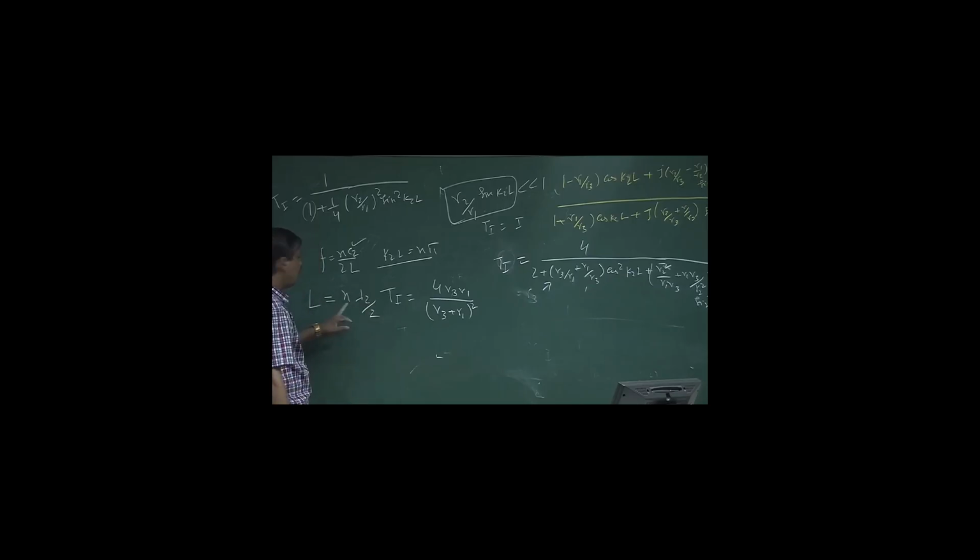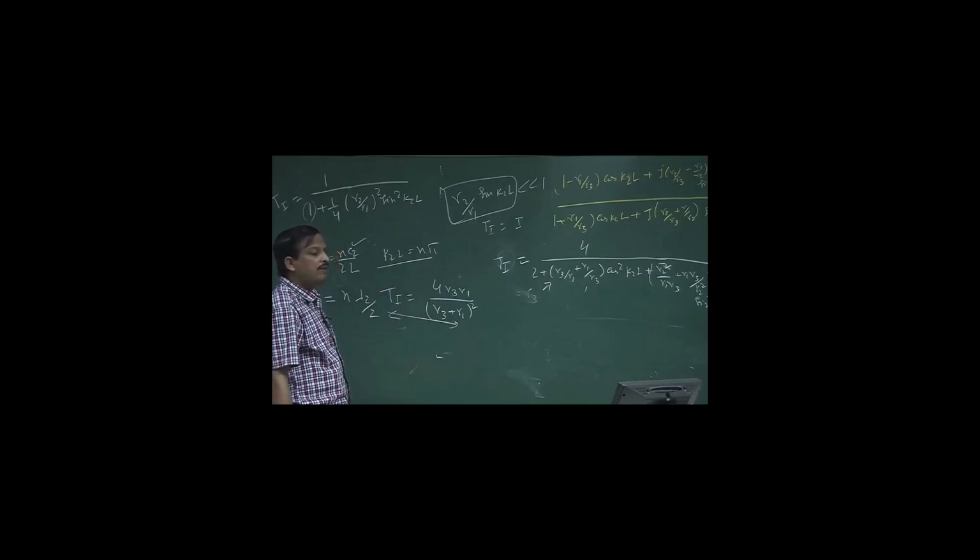So if the thickness of the wall is an integer multiple of lambda 2 by 2, that is, half the wavelength, then for those frequencies the Ti will be this one.